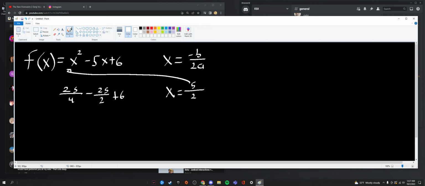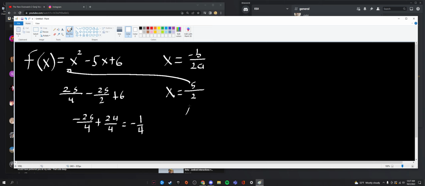If we want to make this a common denominator, in this case this would be 50 over 4, so we would have minus 25 over 4, and then, as I said earlier, 6 as a fraction with 4 as its denominator would just be 24 over 4, so we add that, and we get minus 1 over 4.